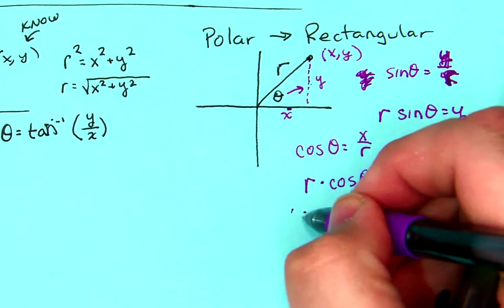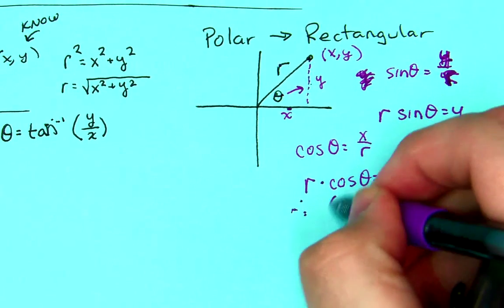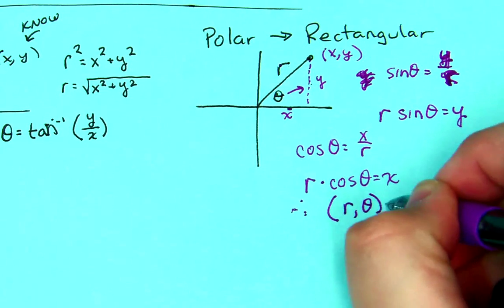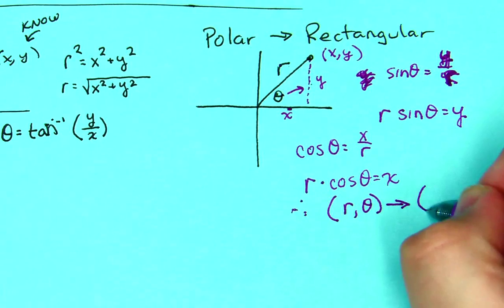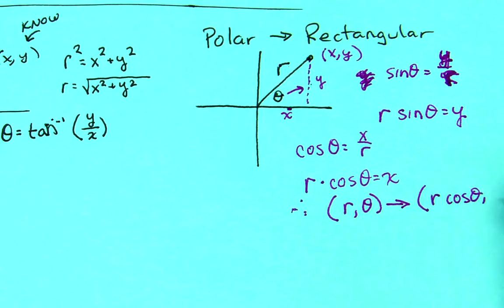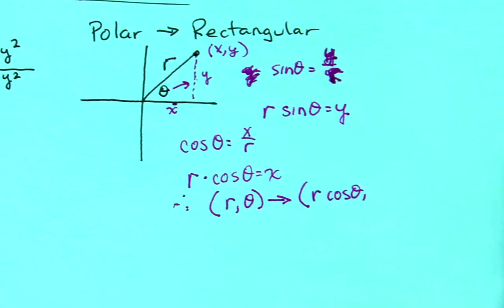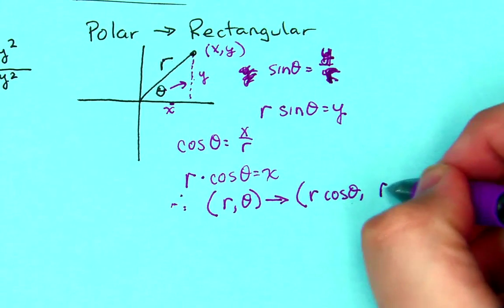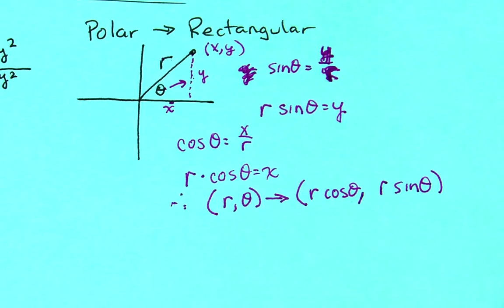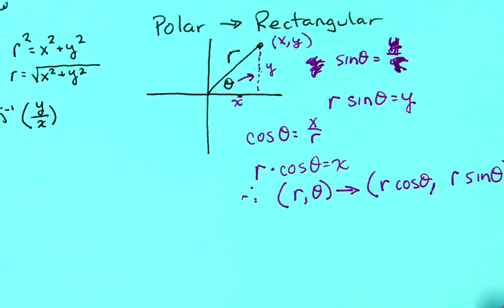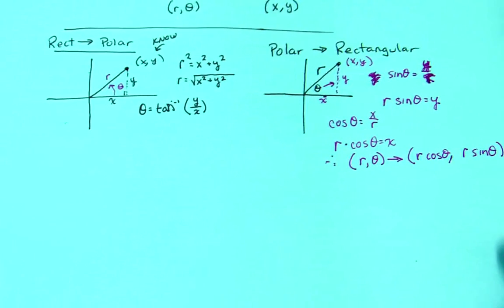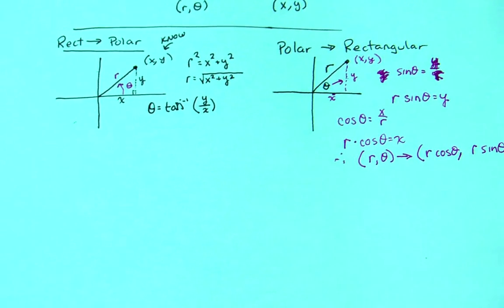So therefore, if you have r comma theta, you can transform that into r cosine theta, comma, r sine theta. So those are the two basic ways, let's zoom out a little bit, of converting between polar and rectangular coordinates.